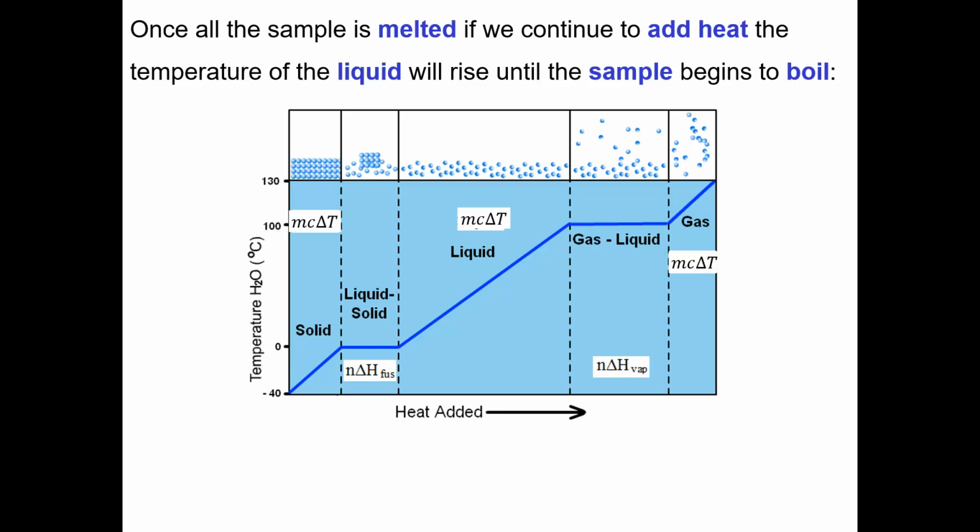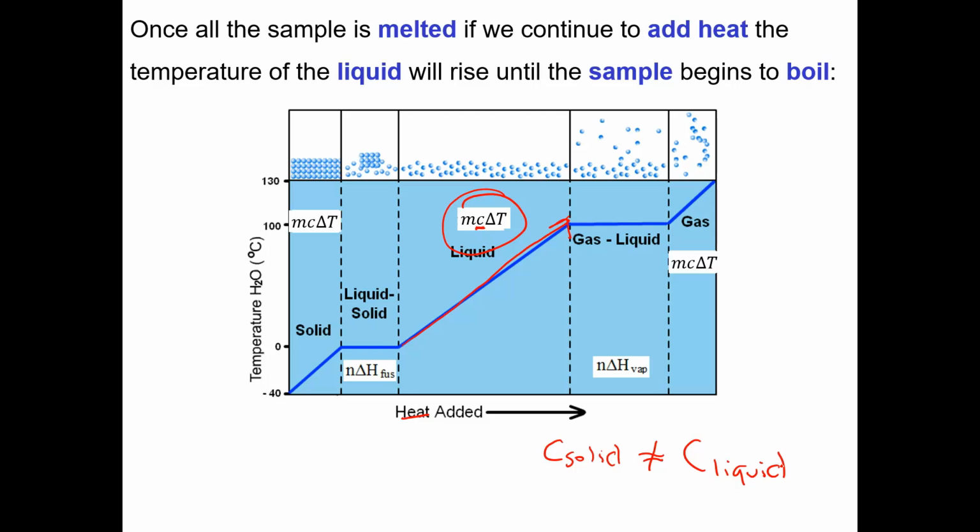Once we've melted our sample, when we add heat, the temperature starts to rise linearly until we get to the boiling point, and the rise in temperature is again described by the equation Q equals mc delta T. It's important to realize, though, that the heat capacity of the solid does not normally equal the heat capacity of the liquid.